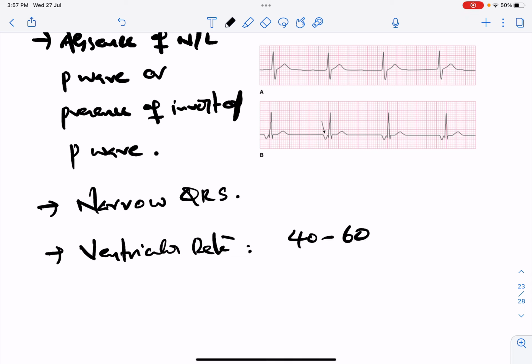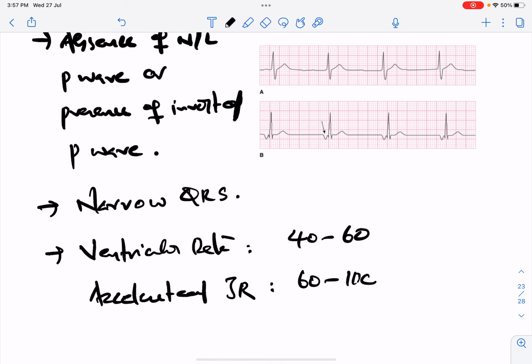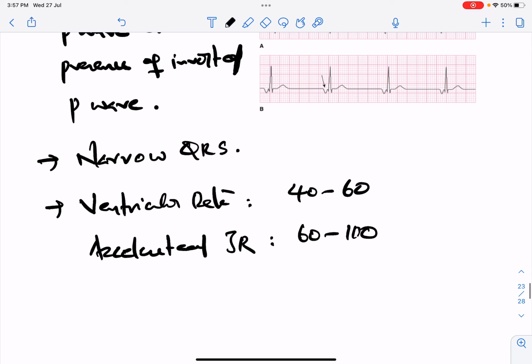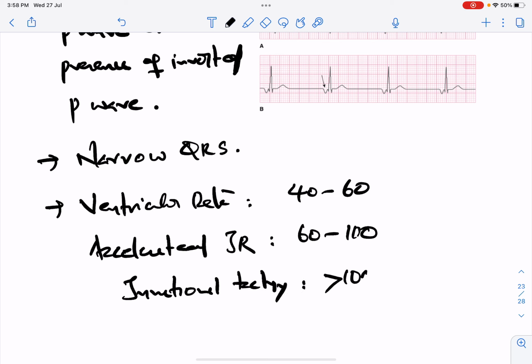But in case of an accelerated junctional rhythm, it will be around 60 to 100. If it is junctional tachycardia, the heart rate will be more than 100.